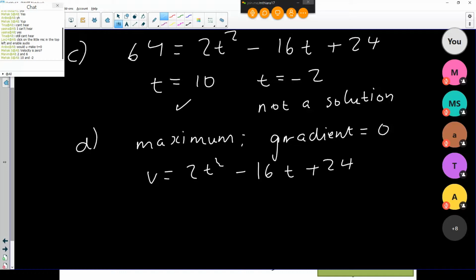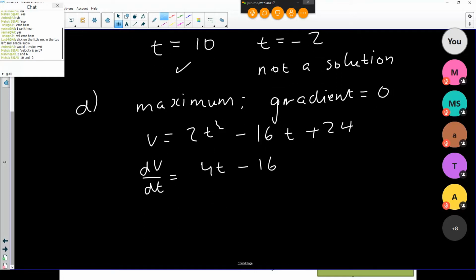So it starts saying what is the maximum value of y at a particular point if you're looking at pure. But now we're looking at it in the context of this equation that we've been given. So over here, all I'm going to do is differentiate v with respect to t, dv over dt. So I get 4t minus 16.